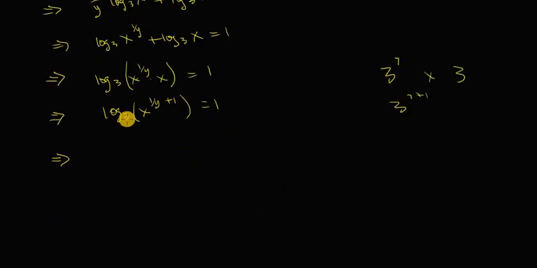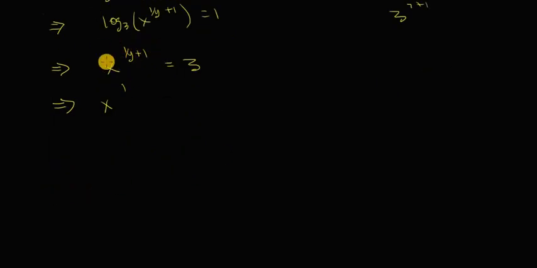Okay, now I use my rule of logs, which says 3 to the power of 1 is equal to this. So x to the power of 1 over y plus 1 is equal to 3 to the power of 1. I'm going to simplify this fraction. It's going to give me 1 plus y over y is equal to 3.